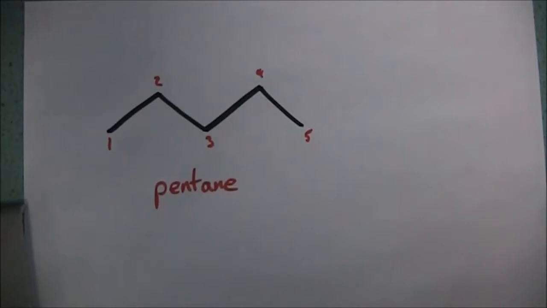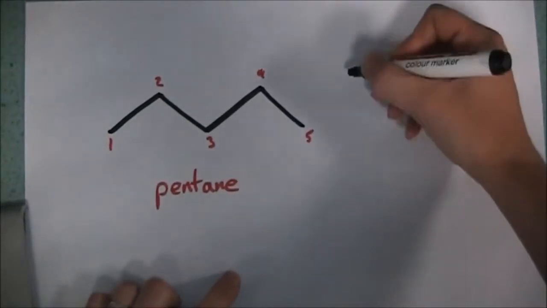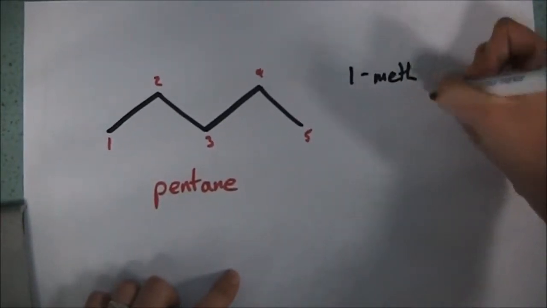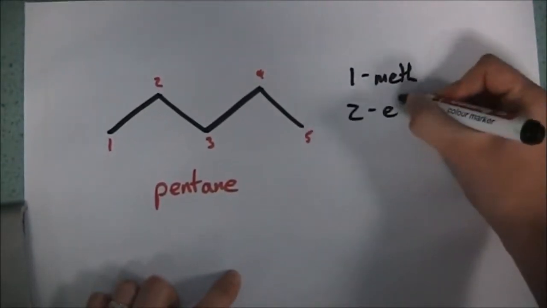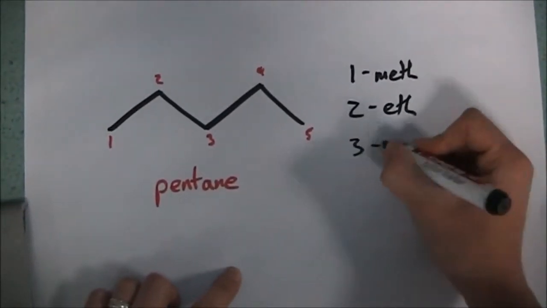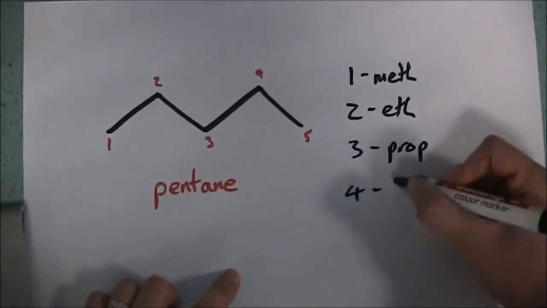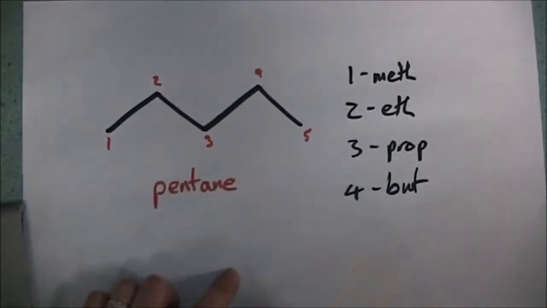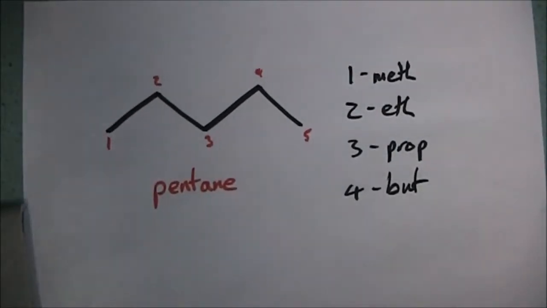So there are various different prefixes that you'll need to know. We'll start with 1, would be meth, 2, eth, 3, prop, 4, but, 5 is pent, and then actually you could just carry on with the names of the shapes.